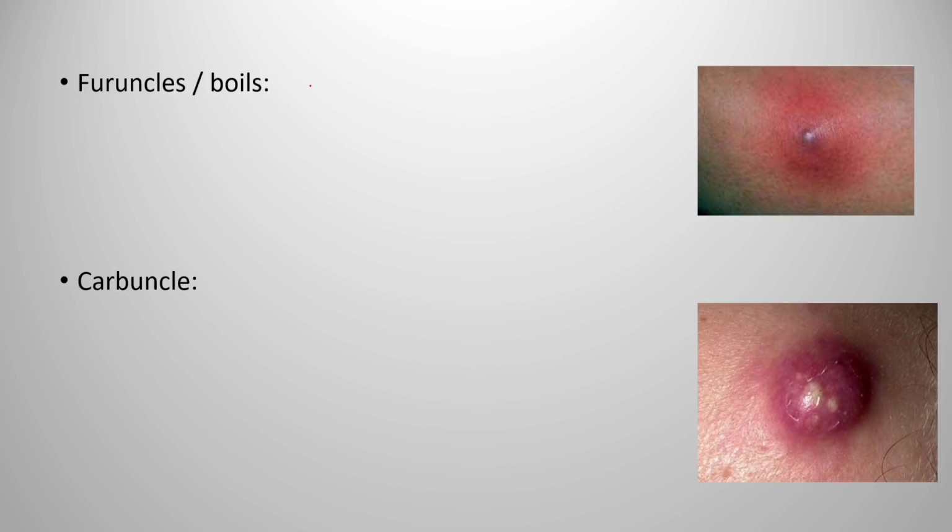Next is furuncle, which is also called boils. It is a deep-seated infection originating from folliculitis. If the infection of folliculitis extends from the hair follicle to neighboring tissues, it causes redness, swelling, and severe pain. It is commonly found on the neck, armpits, and groin regions.